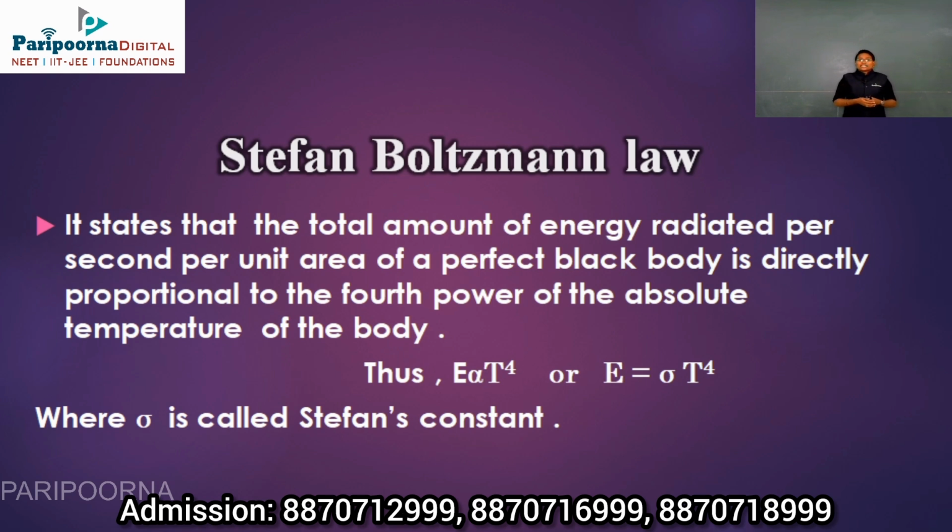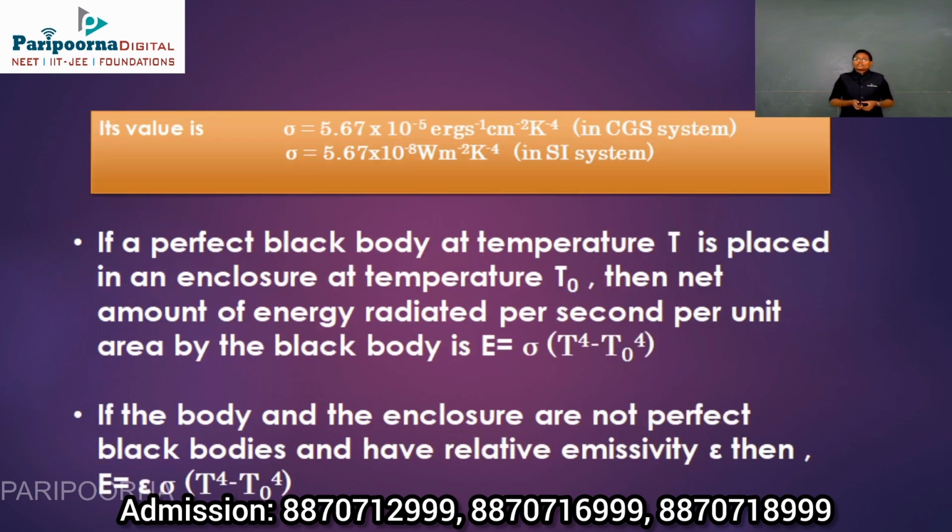Otherwise, we can write E is equal to sigma T power 4, where sigma is Stefan's constant. Now, the value is sigma equal to 5.67 into 10 power minus 5 erg second inverse centimeter minus 2 K minus 4, this value is in the CGS system.